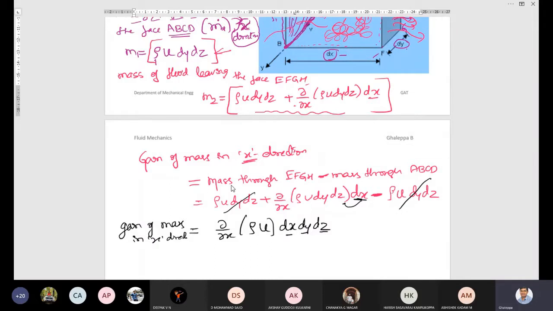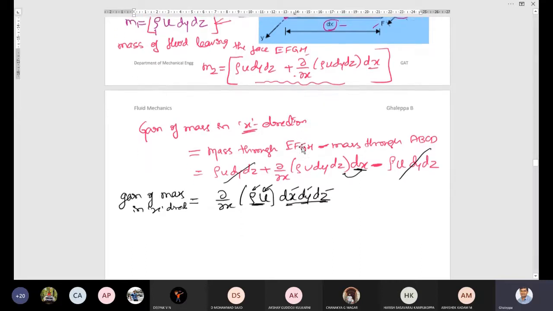Pipe dimensions do not change. When fluid flows, there are only chances of changing velocity and density, but these will not change. dx will not change, dy will not change, and dz will also not change. So these are all constant terms I have taken outside, and these two are variables, so I kept them inside the bracket.